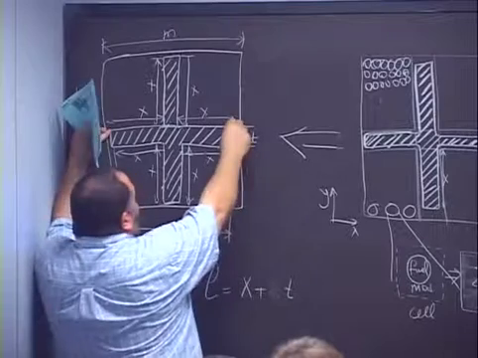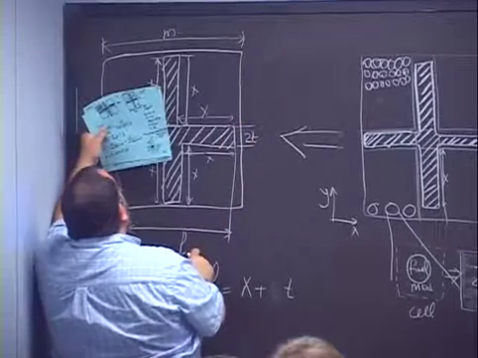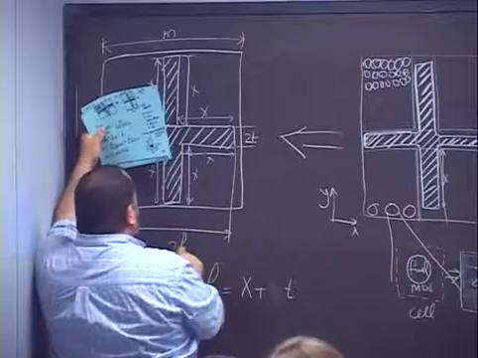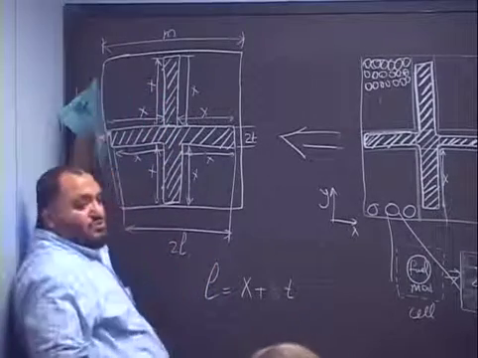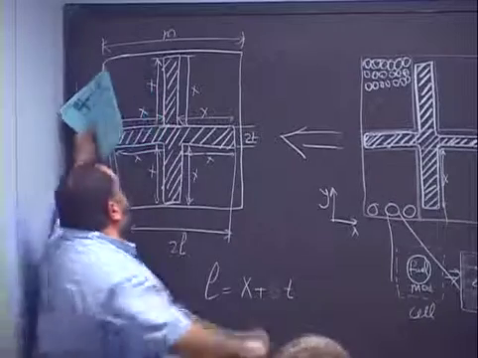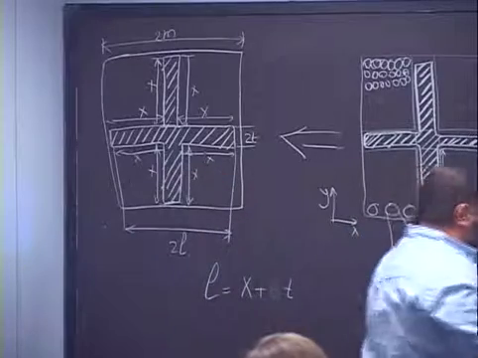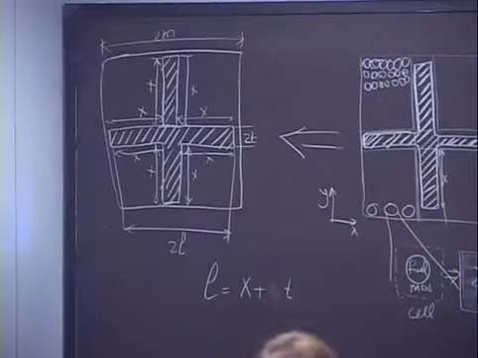What's 2x plus 2t? It should be 2L. I'm sorry for this mistake. 2L. And this is 2M. Okay, guys? So this is 8L.